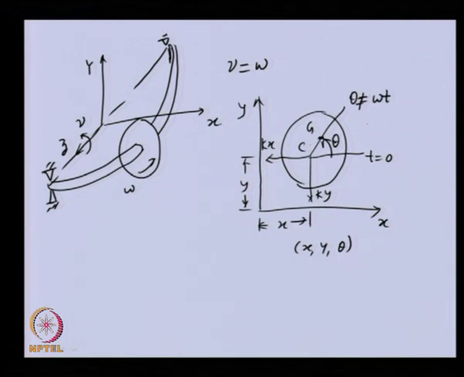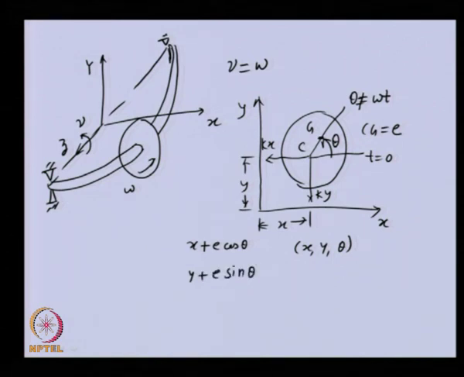CG, let us take as E. So you can see that the position of the center of gravity of the disk will be in the x direction x plus E cos theta, and in the y direction its position will be y plus E sin theta.